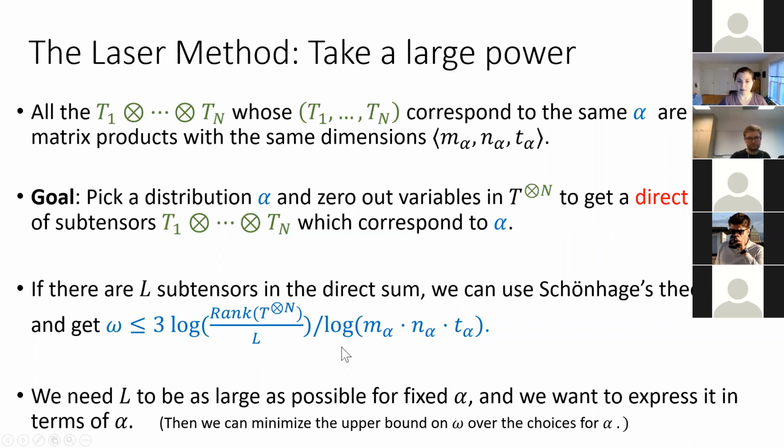So when you fix alpha and you fix m sub alpha, n sub alpha, and t sub alpha, you want L to be as large as possible in terms of alpha. And so we need to bound what L is for each choice of alpha. And then we also need to figure out what variables to zero out in order to get that L.